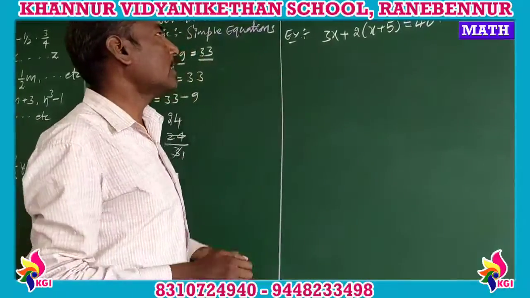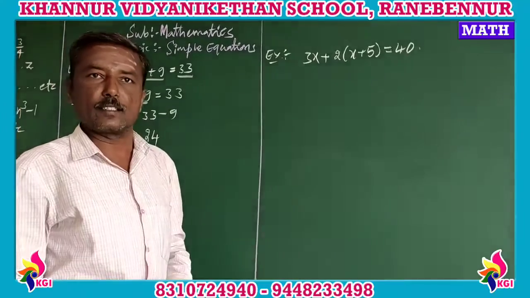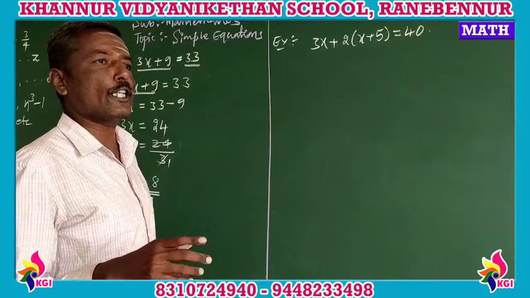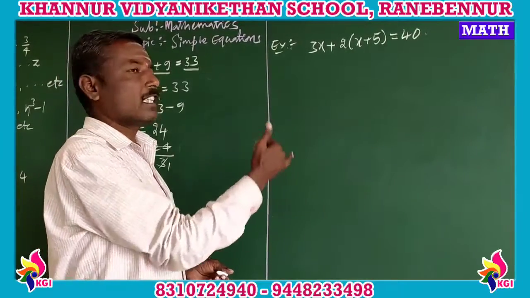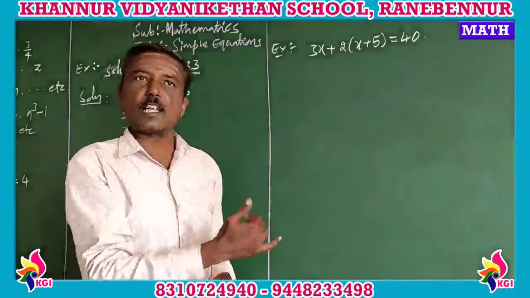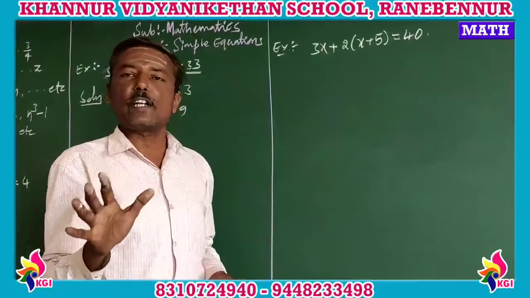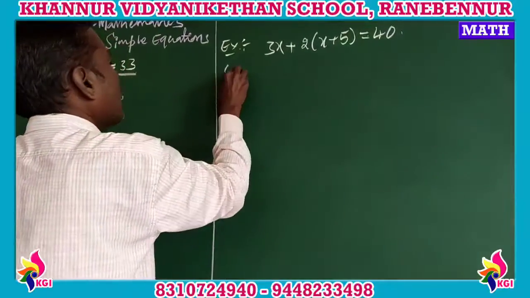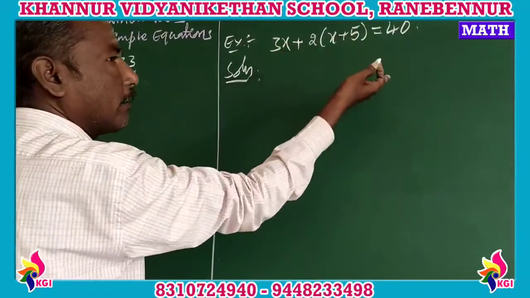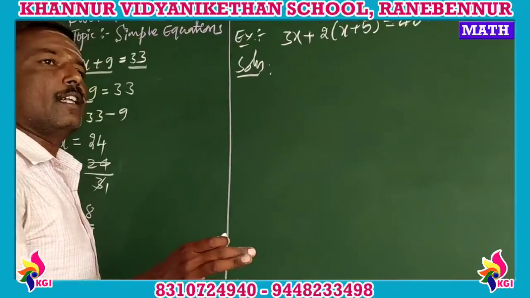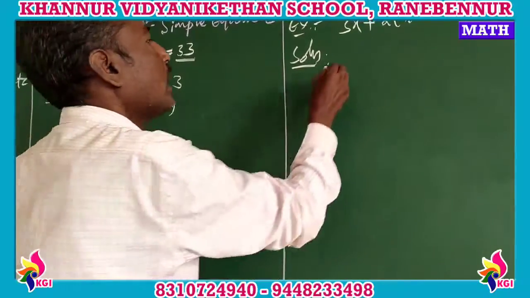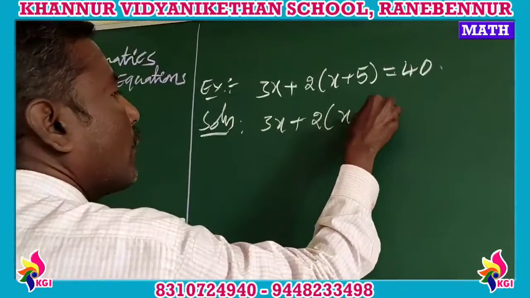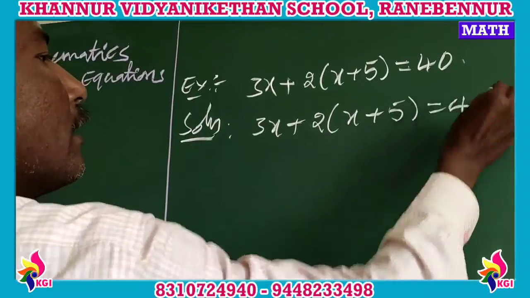So here also our intention is to find out the value of the unknown variable x. Before going to find it out, we are going to generalize the terms, simplifying each time. Afterwards we can easily find out the value of x. So let us see the solution. Rewrite the given equation. This is one of the disciplines, to write it once again please. So 3x plus 2 into x plus 5 is equal to 40.